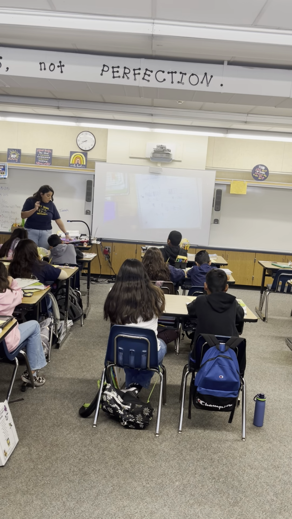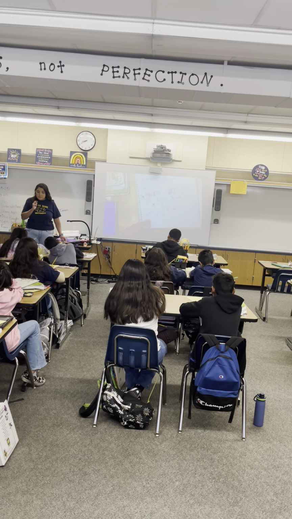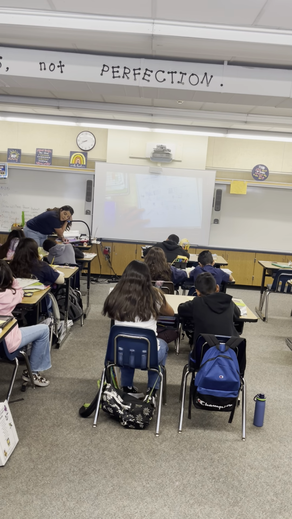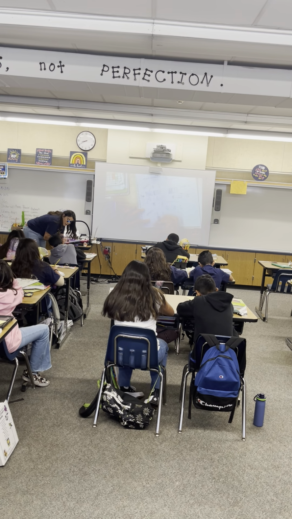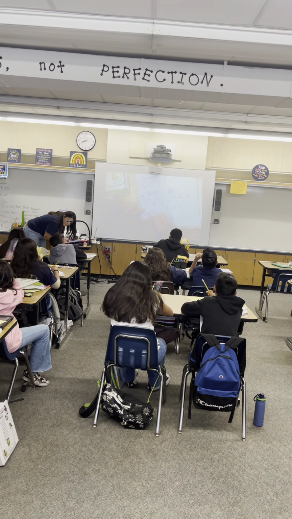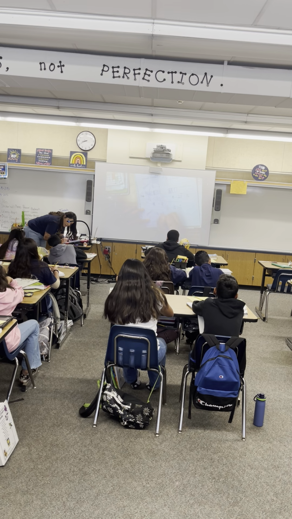Okay? This is one way of doing it. This is going to be the second way we're going to do it. So again, I have 1 and 3/12 minus 2/4. I'm going to draw my rectangle models to represent that.